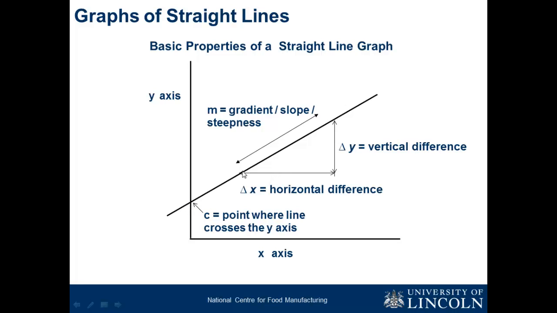Now let's look at how to calculate our slope, our gradient, or our steepness. These are several names that m could be called. Now, to find our slope, I said earlier, it's going to be change in y and the corresponding change in x. Don't forget, it is a corresponding change in x. Now we've taken a point from here to here, and we want to look for the corresponding change.